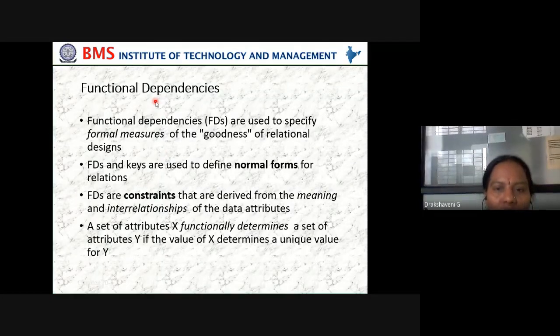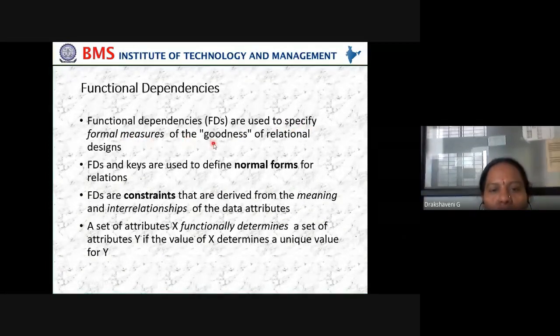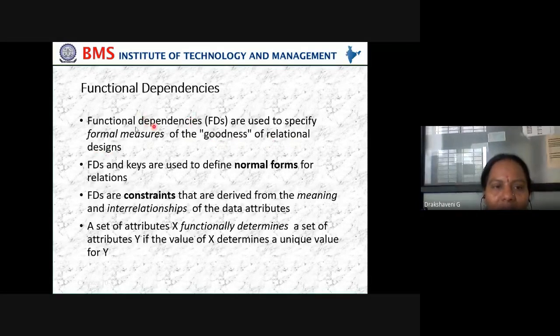Functional dependencies are used to specify a formal measure of the goodness of a relational design. Why do we use functional dependencies? Let me give an example.